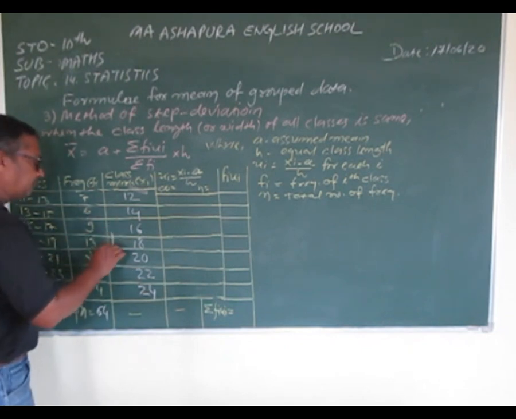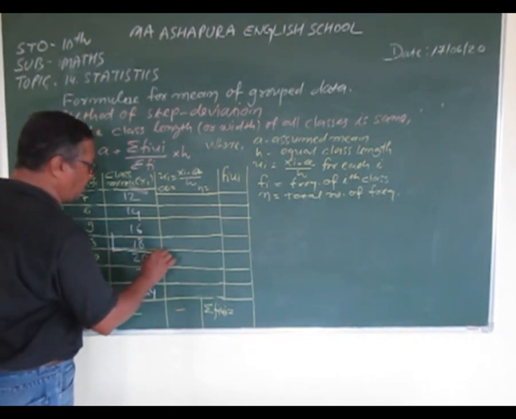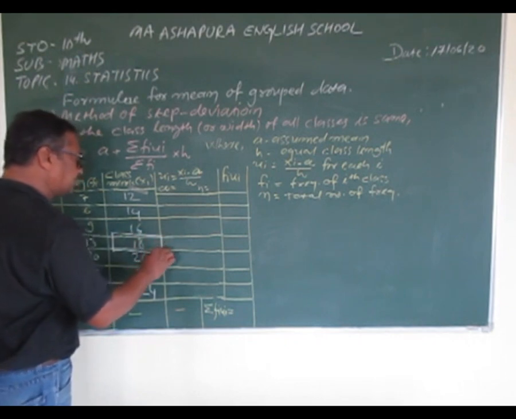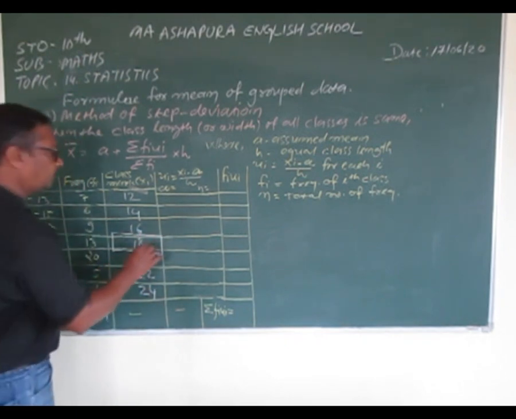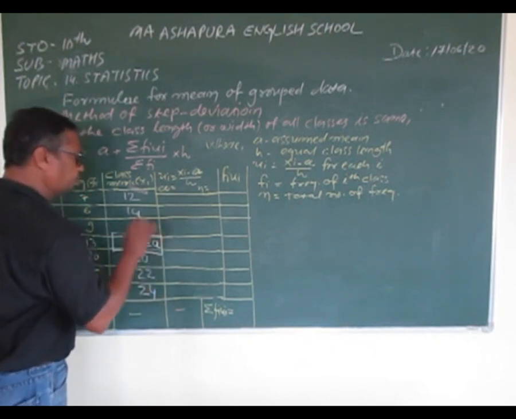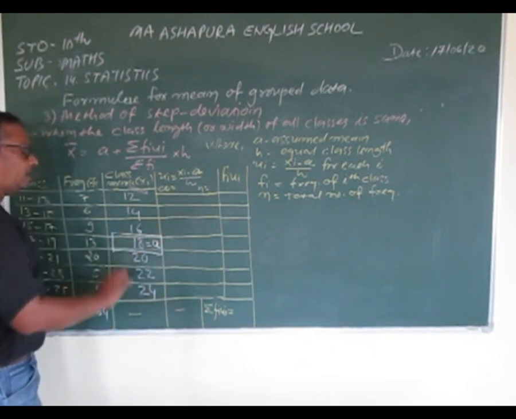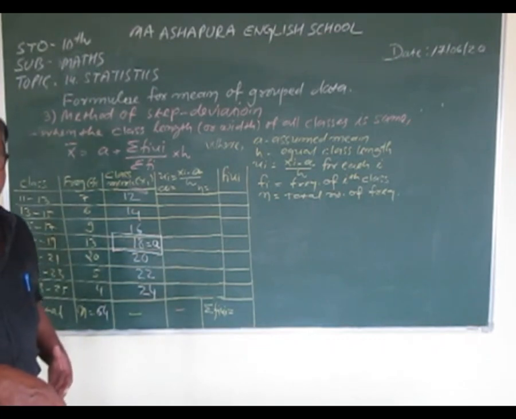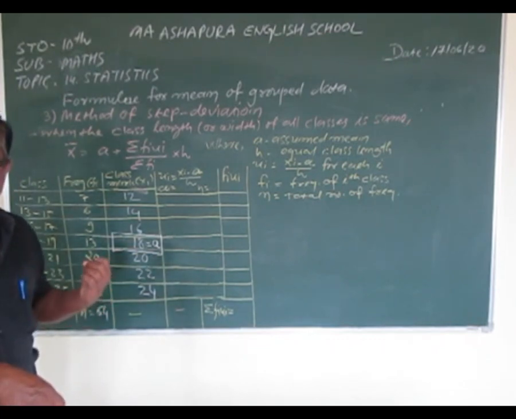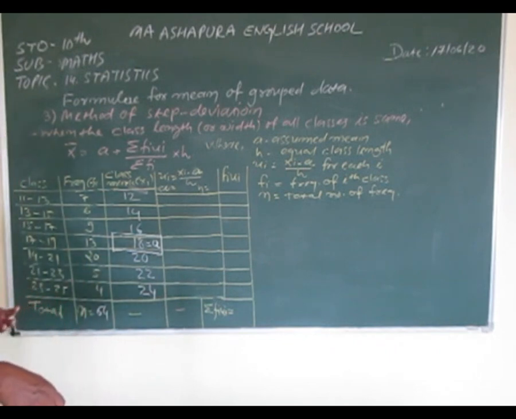We select the class mark of the middle class 17 to 19 as the assumed mean. Selecting the middle of the classes as the assumed mean is very convenient to calculate the sum, a very easy way. That's why we select 18 as the assumed mean.